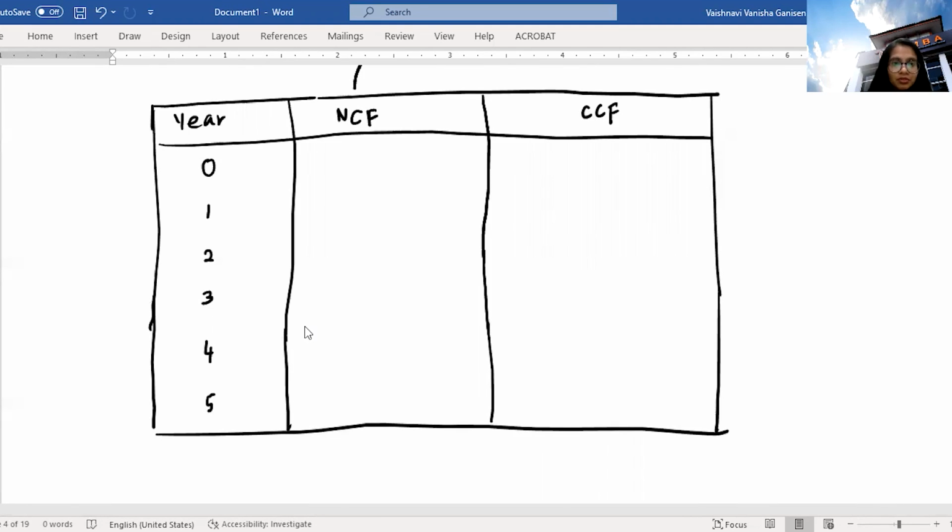Year 0, your initial investment was 8 million. Year 1 to year 5, 2,500.